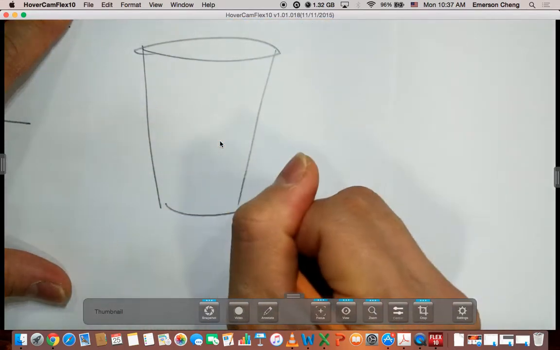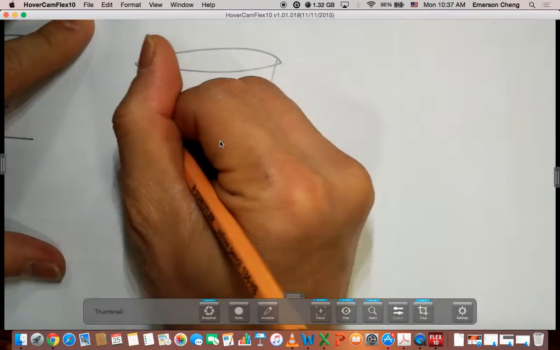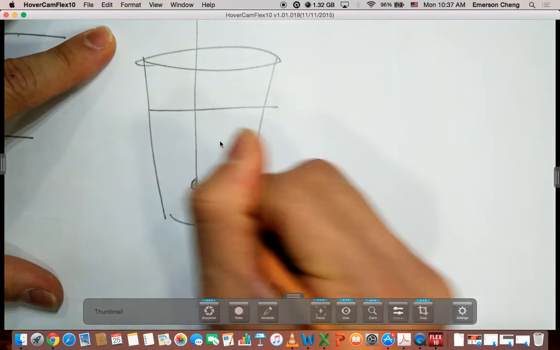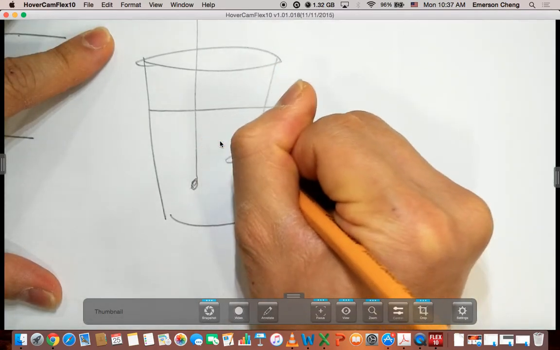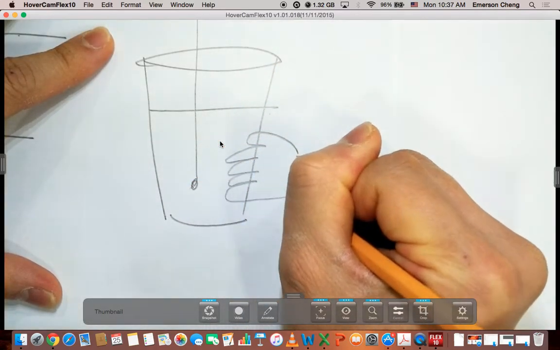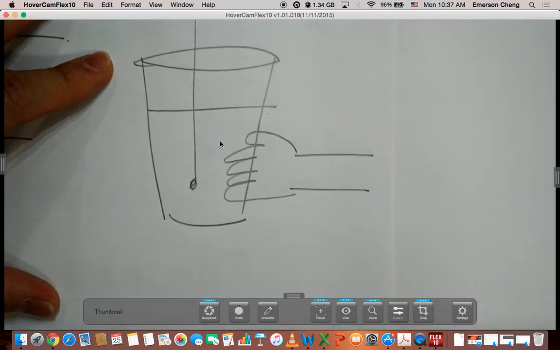Whoa, that's actually a good one. So, thermometer, hand, five fingers. Okay, your hand. Don't laugh.